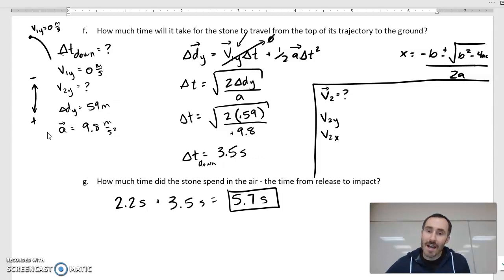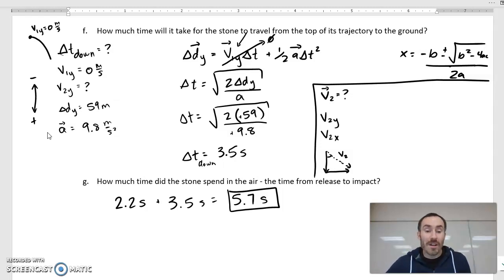We need to figure out the x and y velocity at the end, and then we can put them together in a triangle, right? So if we know the vertical velocity at the end, and the horizontal velocity at the end, we can calculate the total V2 and its angle using those two components.